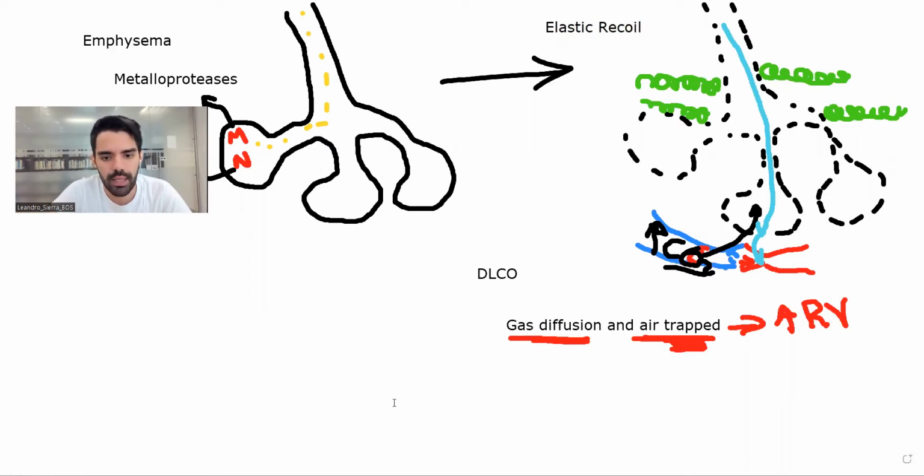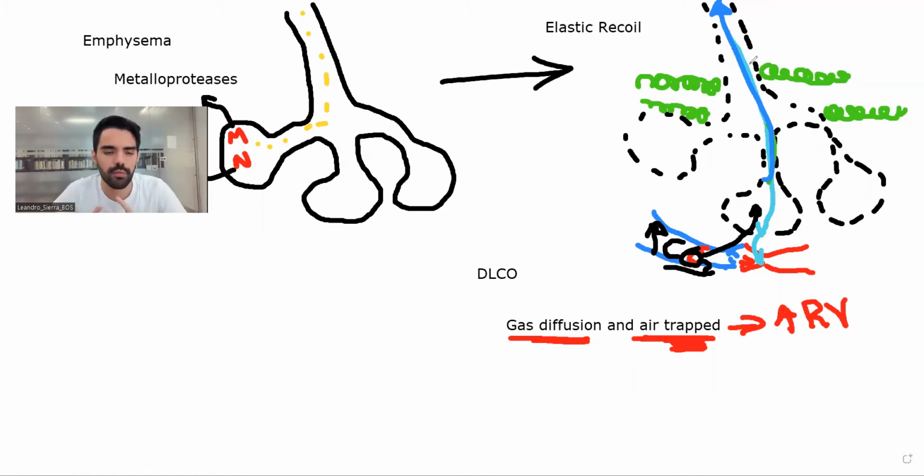So when the gases pass through the wall, this wall will collapse. And that is why people with emphysema and COPD, when they exhale air, do it very slowly, because if they do that very quickly, with this elastic recoil that does not exist, the airway will collapse more quickly.